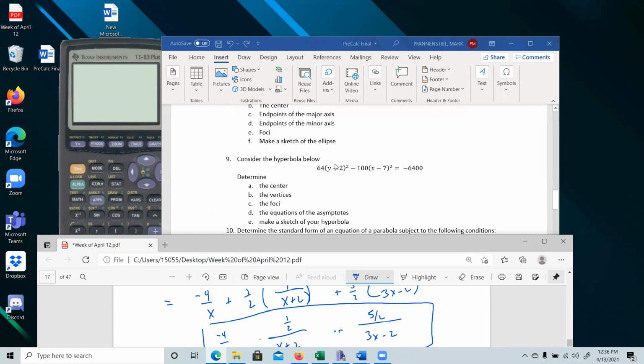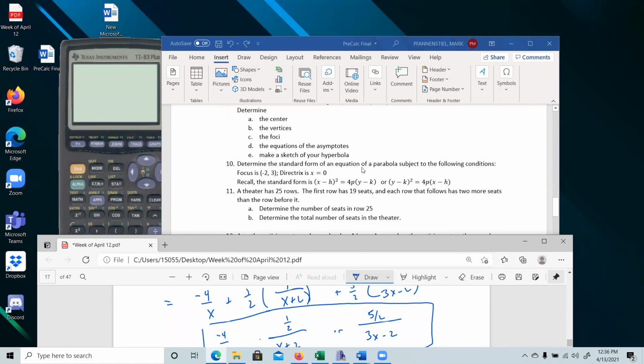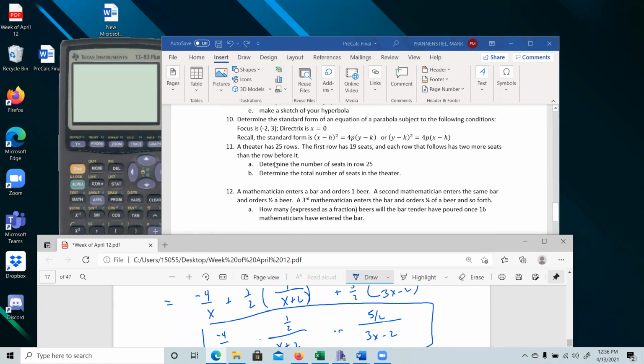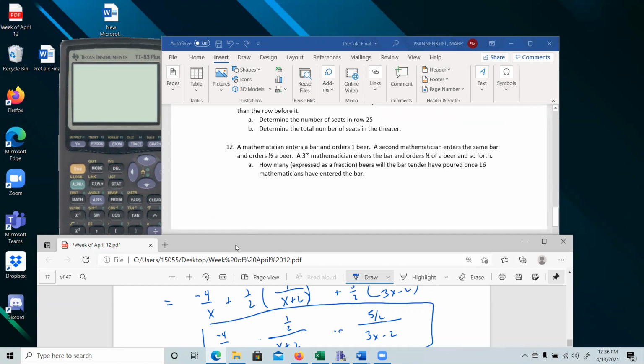So 8 and 9, 10, not too bad. 11 and 12, I'll try to do something with those. These seem to be relatively tame to me. But that's a good set of 12 problems.